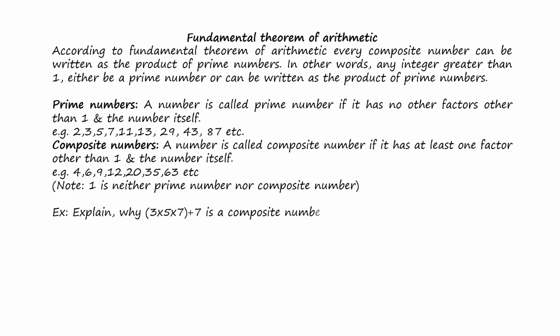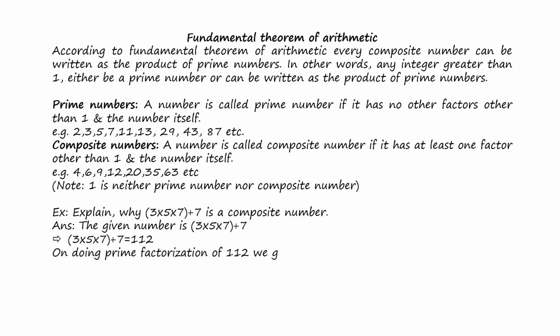Let's see some examples. Explain why 3 into 5 into 7 plus 7 is a composite number. The given number is 3 into 5 into 7 plus 7, which is nothing but 112. Now, if we do the prime factorization of 112, we get 2 to the power 4 into 7.